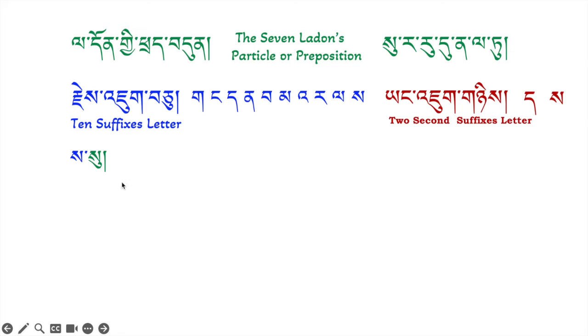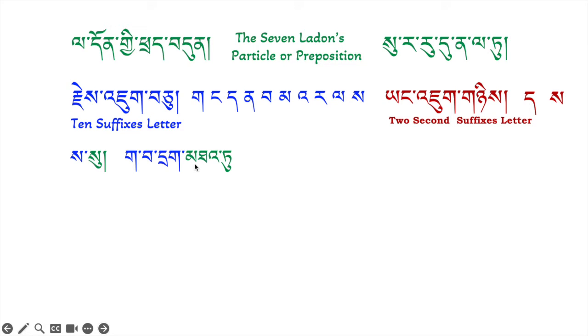Now the next one, for example, the suffixes ka and pa and dakta, referring to the Yangjuk ta. This one, the second suffix letter ta, is the dakta.